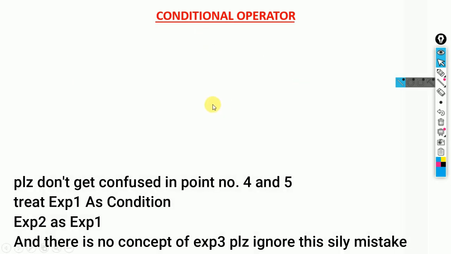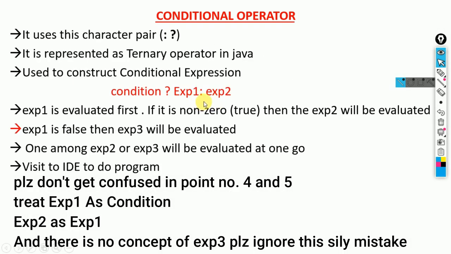Now let's move towards the terms related to the conditional operator. We have simply a pair of special symbols, where one is the colon and the other is the question mark. This question mark has a great impact on the conditional operator.